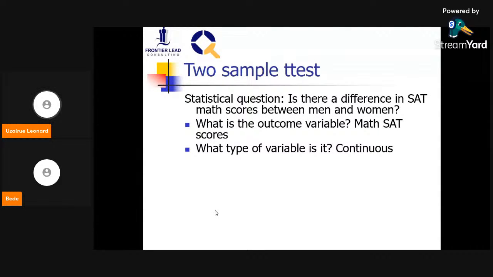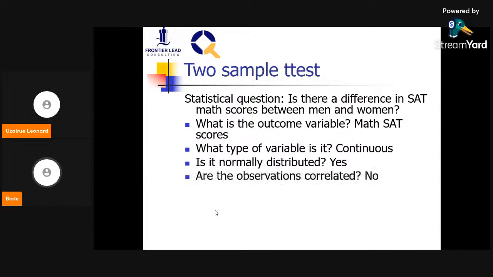It is continuous, because we are looking at score. Is it normally distributed? Yes. We are looking at two groups, male and female. The outcome variable is math start score, a continuous variable. Is it normally distributed? Yes.